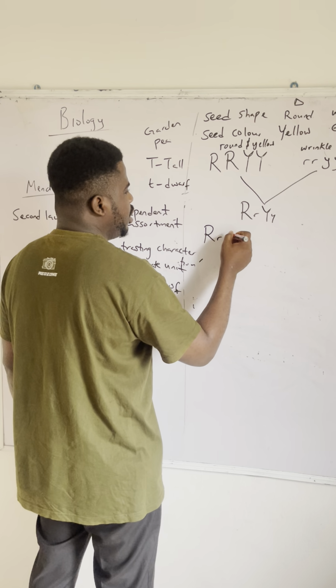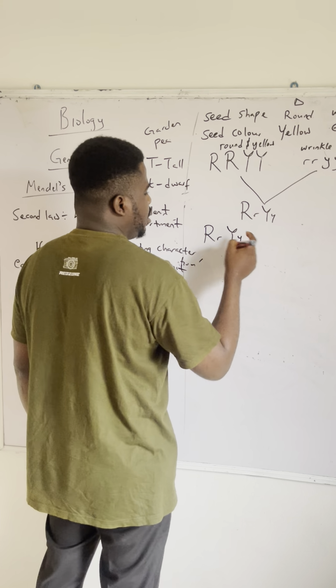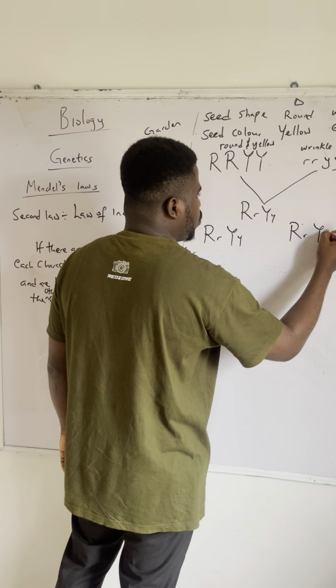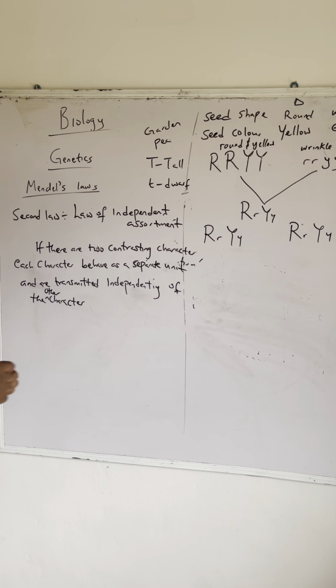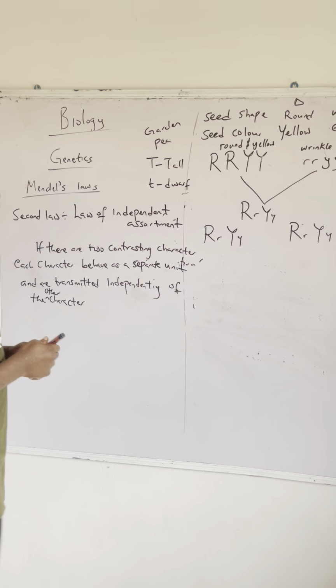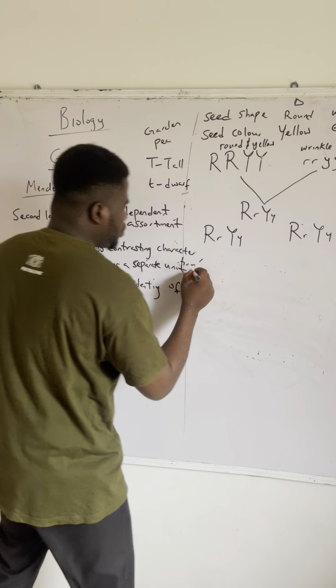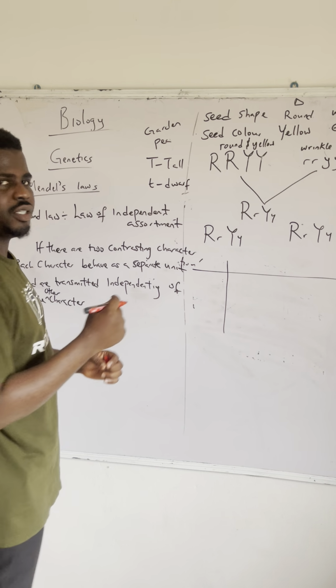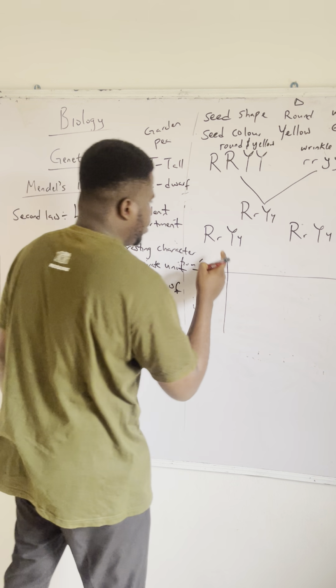So, assuming that we now have something like this, a cross between this, another cross between this. Because we have two different traits now, I will start picking out some gametes. What I want to do now is called the Punnett square.